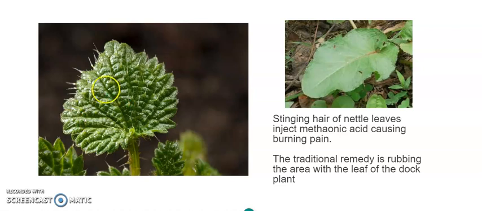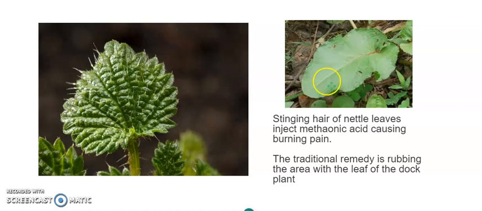So the best way to nullify the acidic effect is by using a leaf from the dock plant, which grows just next to these nettle leaf plants. Okay, so you just pluck these leaves, crush them and apply them on whichever part of the body touched the nettle leaves.